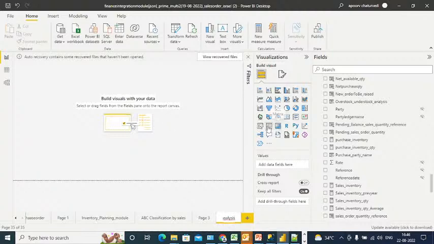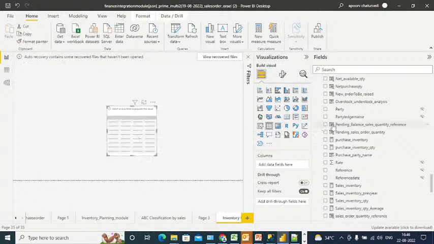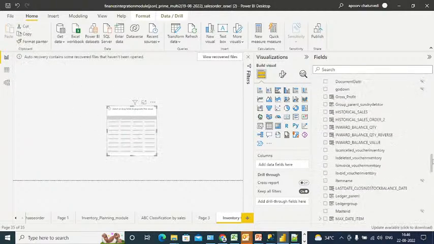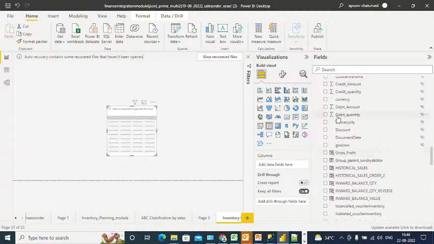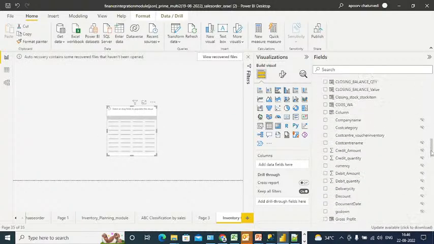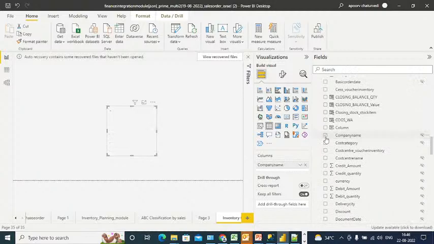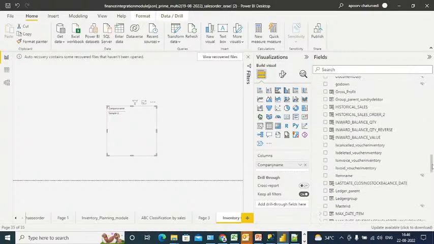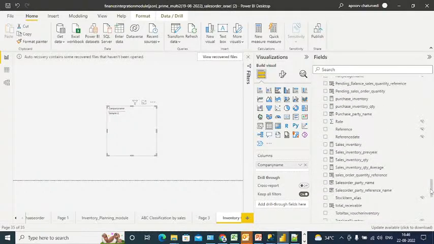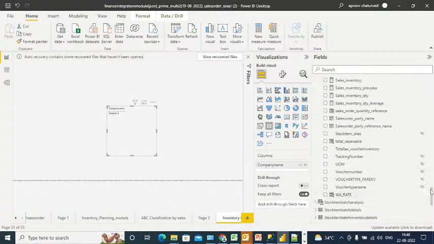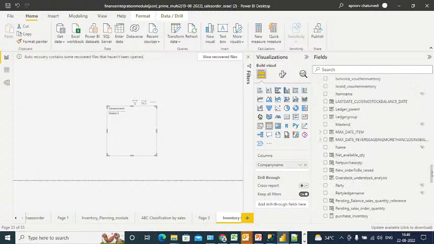Then I have a company name here, and then an item name, so I put an item name here.